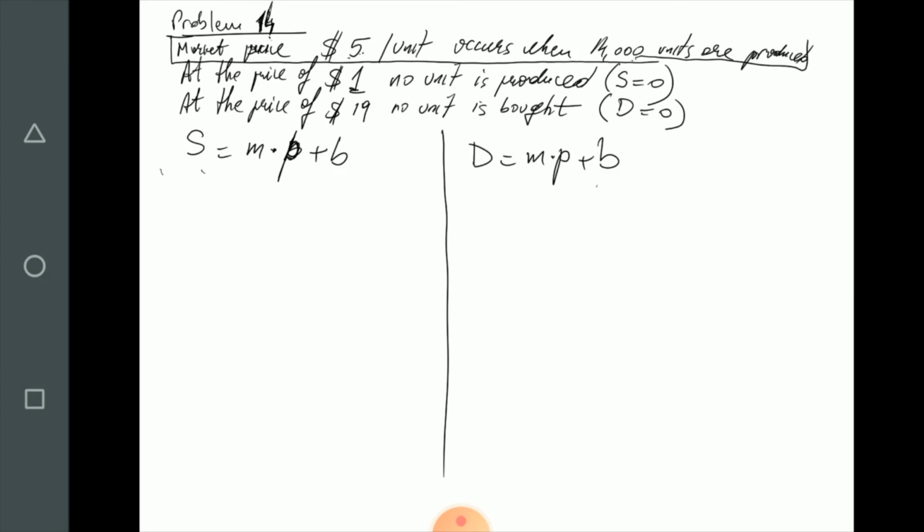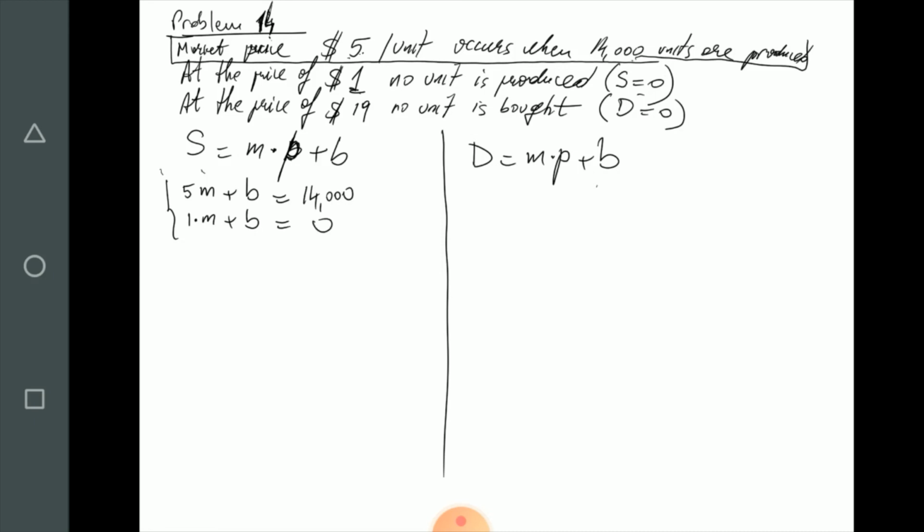So for the supply, let's write it as a system. If I replace the price with 5, I have 5M plus B, then the supply is 14,000. On the other hand, the supply is 0 for a price of $1. So if I have 1 times M, the price is 1, plus B, then the supply is 0.